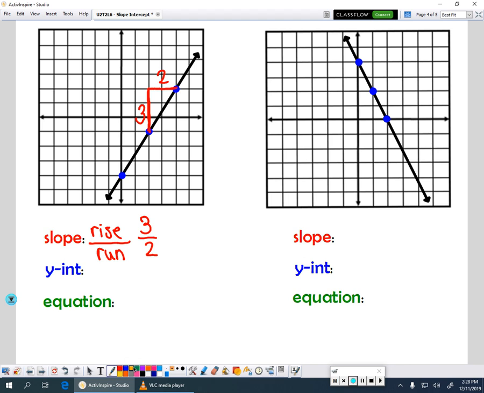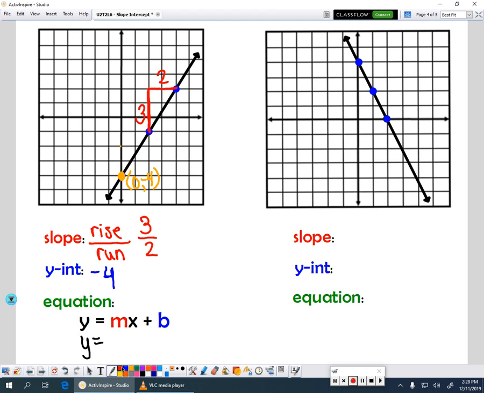My y-intercept is the place where we cross that y-axis. So again, if I look for the ordered pair here, it's (0, -4). We're looking for just the y value, so my y-intercept is going to be -4. And then to write my equation, remember, y = mx + b. My y stays the same.